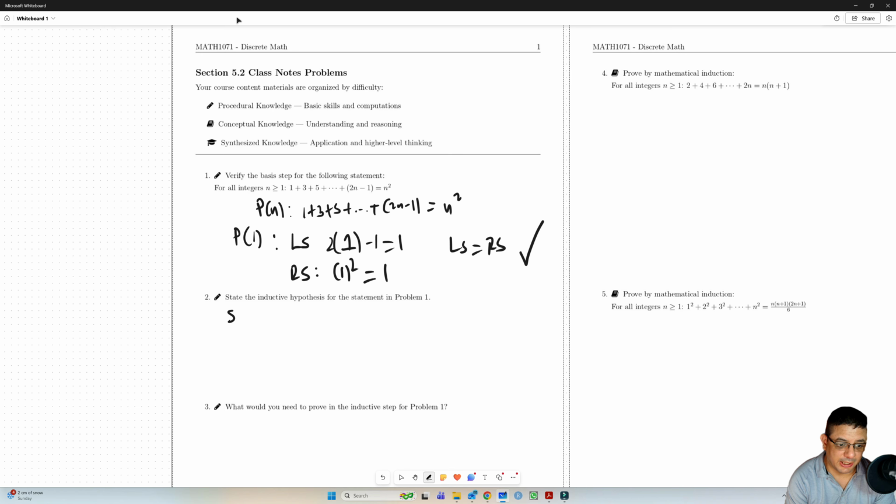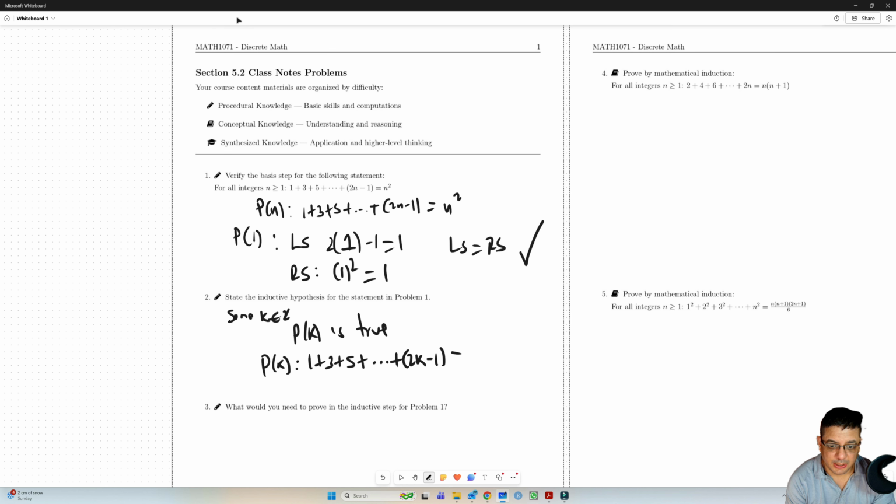For some k that belongs to the integers, P of k is true, where P of k means that the sum 1 plus 3 plus 5 plus up to 2k minus 1 is equal to k squared. So we have this as our hypothesis.